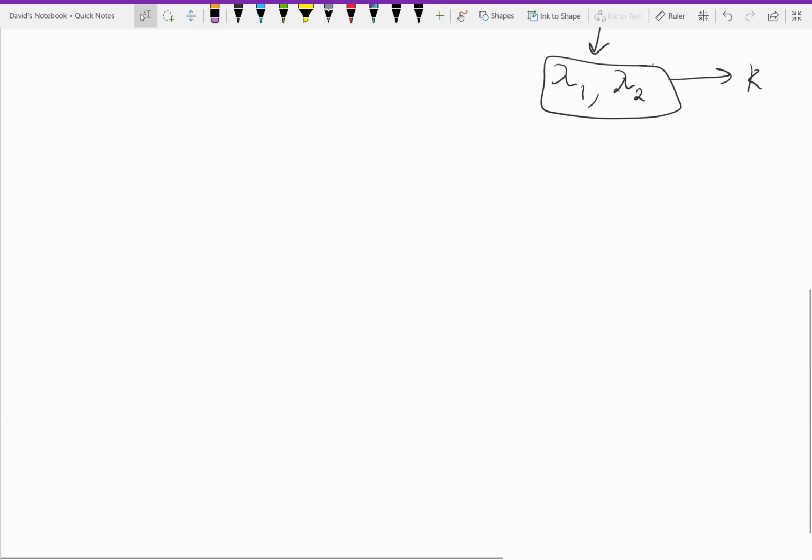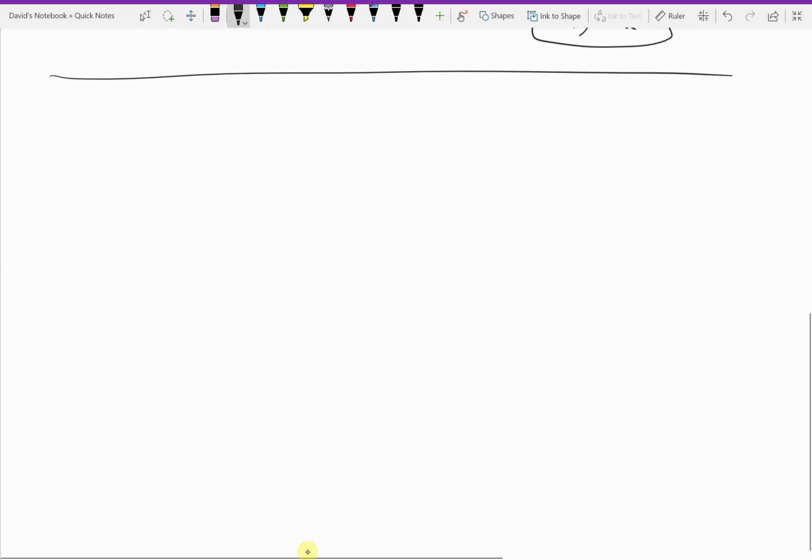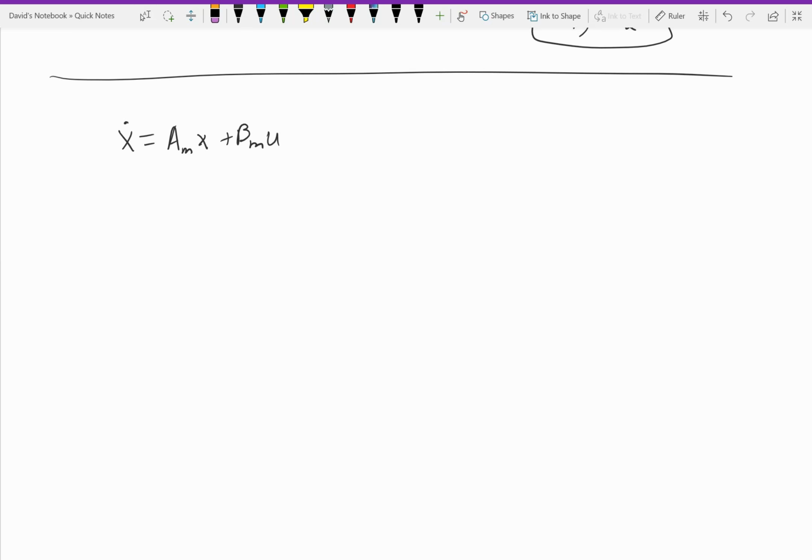However, in practice, there tends to be one problem, and that is that if you have a state space system like this, in practice, you will need to make this state space system a model of your real system.